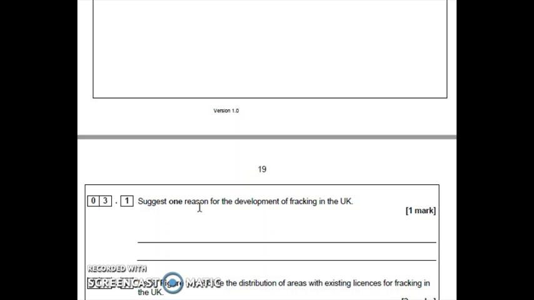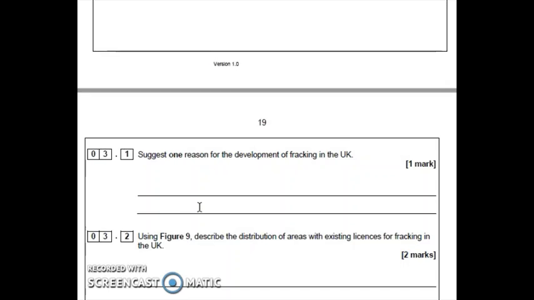So fracking in our country will boost our energy security. Also, you could say that things like wind turbines and solar panels don't, at this moment in time, do enough. Insufficient to meet our demands. So any one of those potential answers will be fine for 3.1.